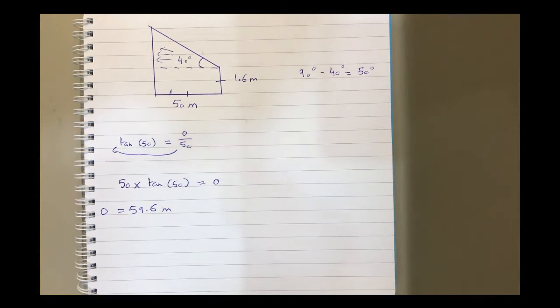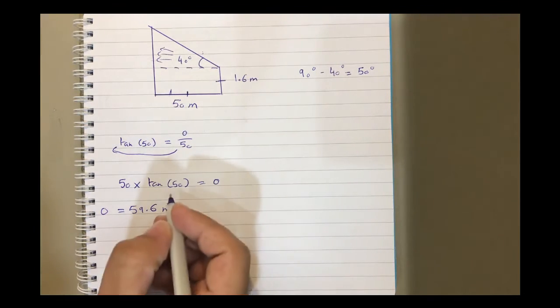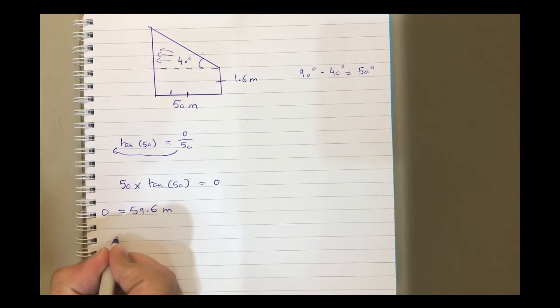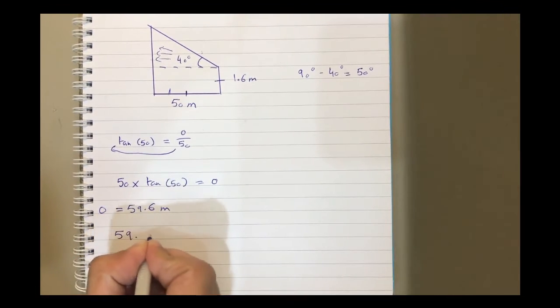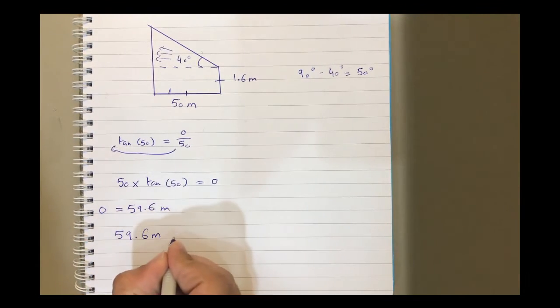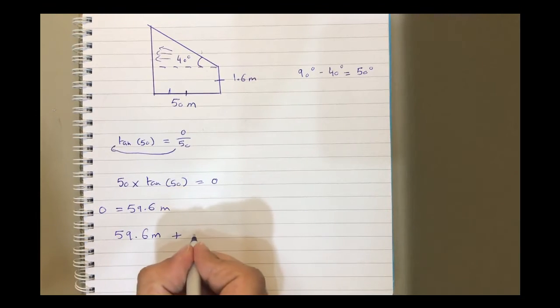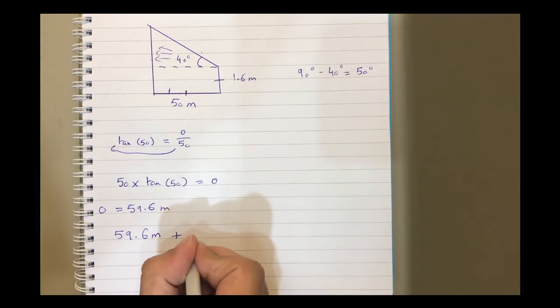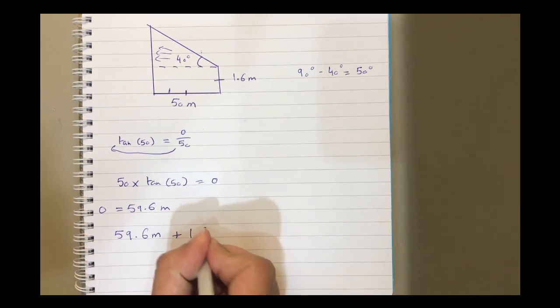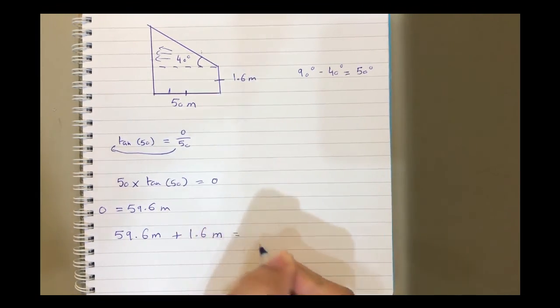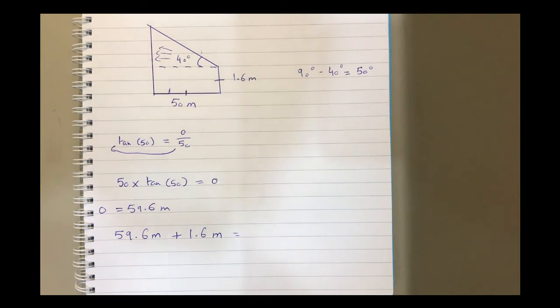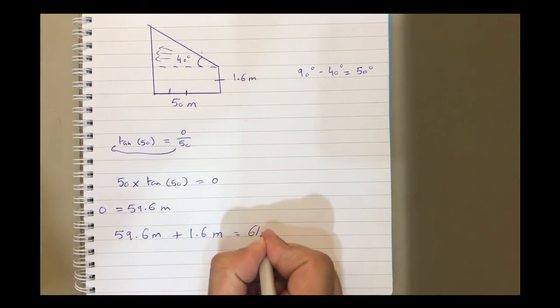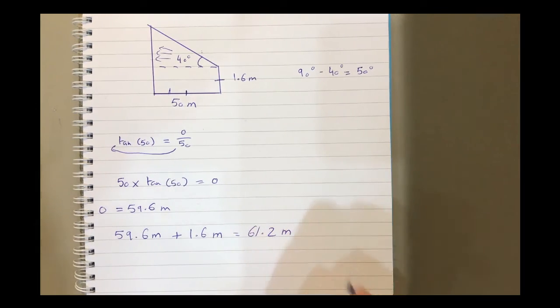So now we have to add both heights: the highest part, 59.6 meters, added with the lowest part of the building, which is our eye level, 1.6 meters, which would give us 61.2 meters. Then that is the total height of the building.